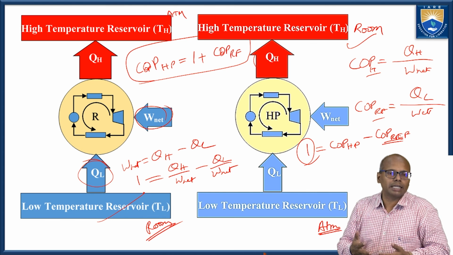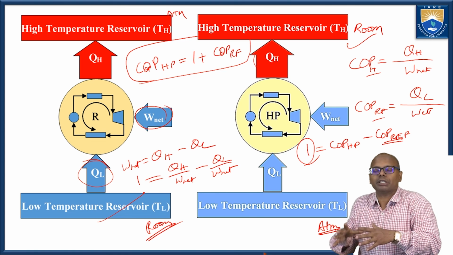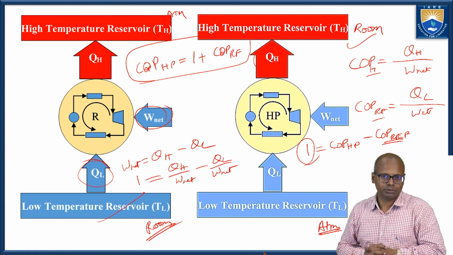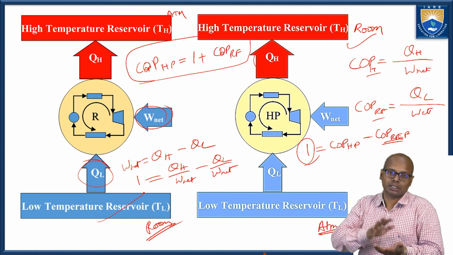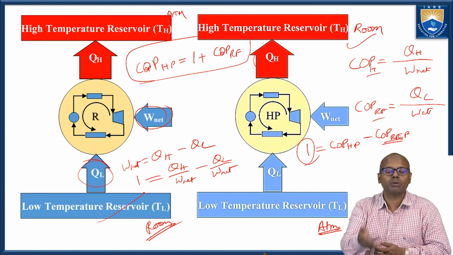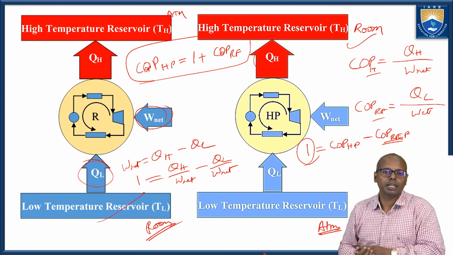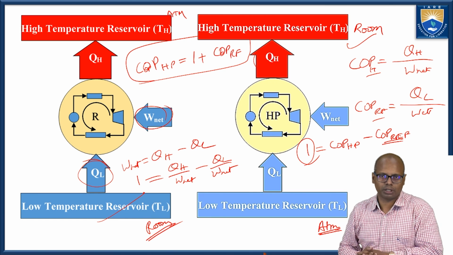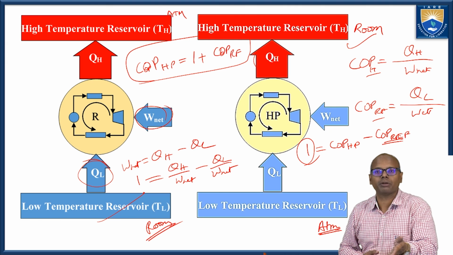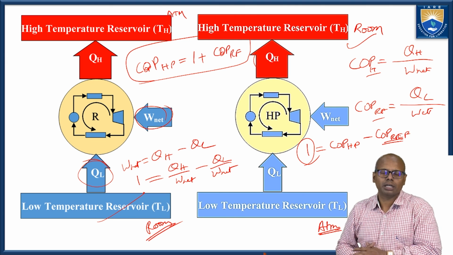And in the next step, they will ask, if the same machine works as a heat pump, what is the COP? If I know the COP of the refrigerator, I can find the COP of a heat pump directly from this relationship. So the COP of heat pump is equal to 1 plus COP of the refrigerator.